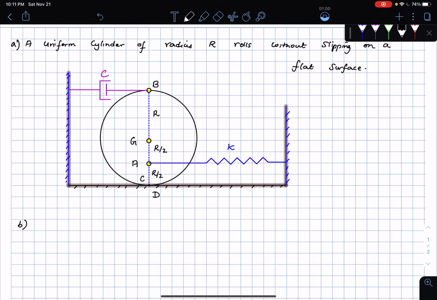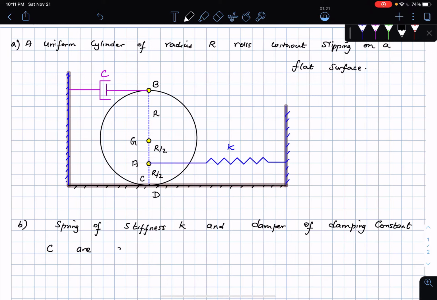The second thing is a spring of stiffness K and a damper of damping constant C attached at points A and B respectively.